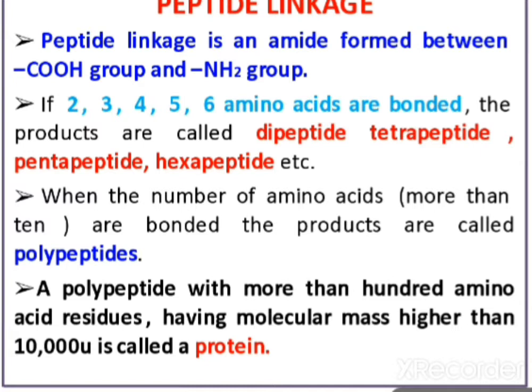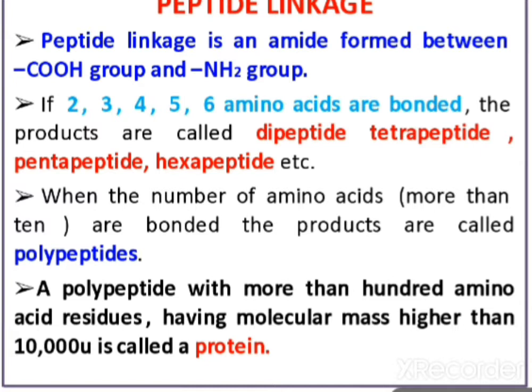When the number of amino acids bonded is more than 10, the product is called a polypeptide. If the number of amino acids combining is more than 10, it may be 100, it may be 50, maybe more than 100. So if it is more than 10, then it is known as a polypeptide. A polypeptide with more than 100 amino acid residues, having molecular mass higher than 10,000 u, is called a protein.